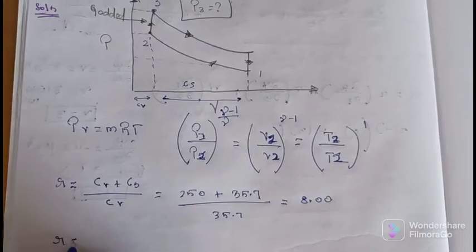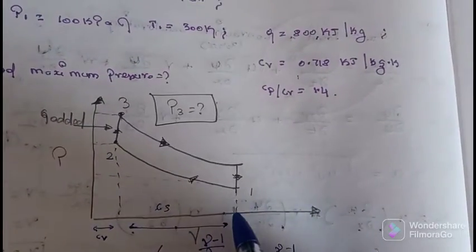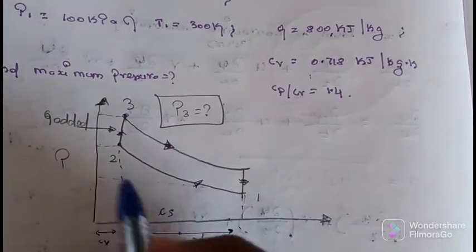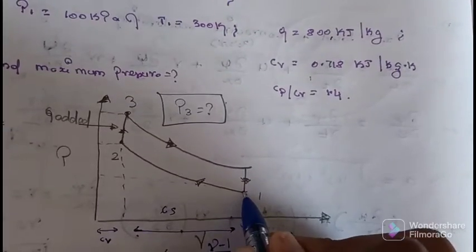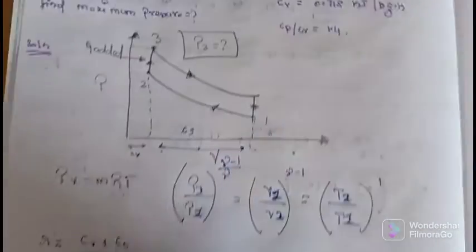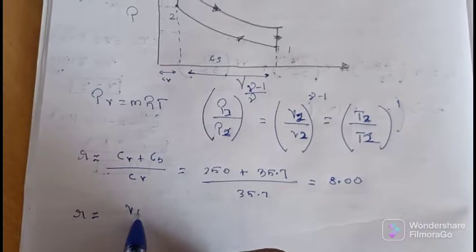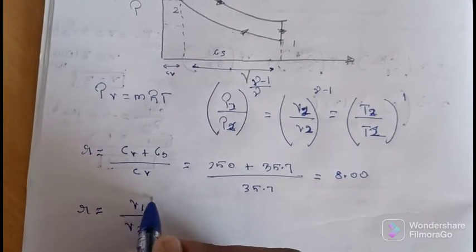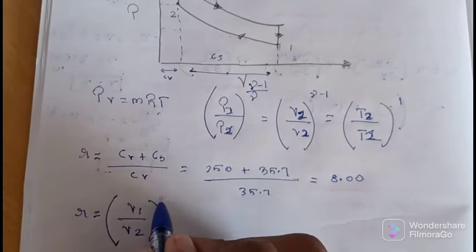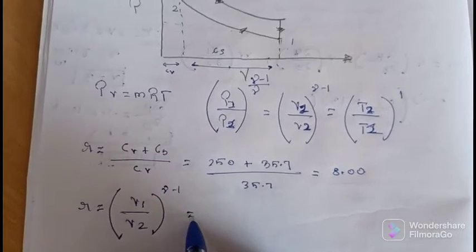Here the compression ratio R, in the diagram, is V1 by V2. The volume at point 1 divided by the volume at point 2 gives the compression ratio. So V1 by V2 is equal to 8.